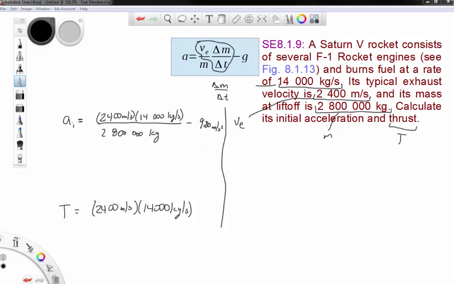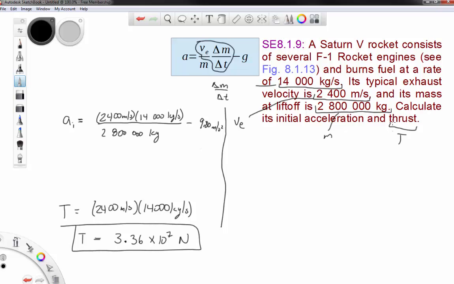This is 33.6 million newtons. Notice meters per second times kilograms per second gives us kilograms times meter per second squared, so that should be newtons. So this we'll just put as 3.36 times 10 to the 7 newtons.